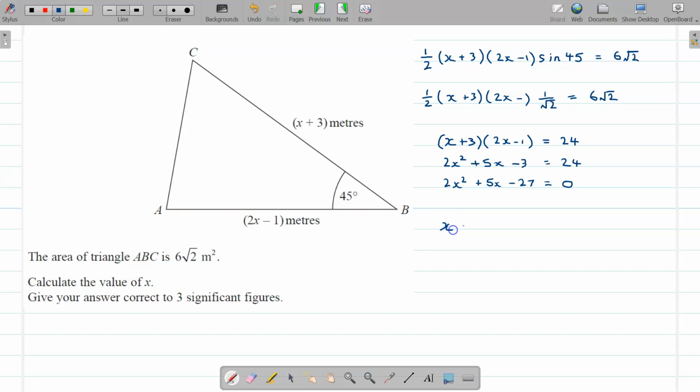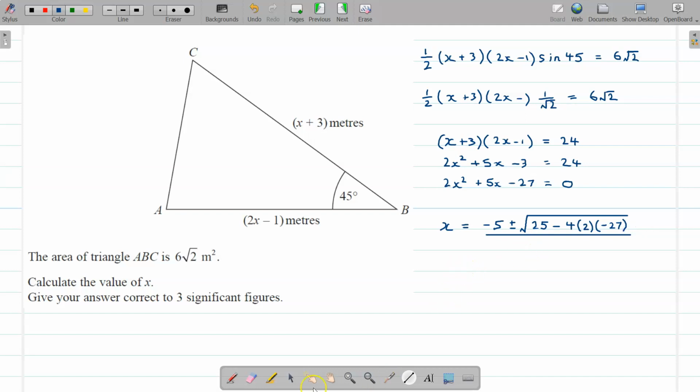So x equals minus b, so it's minus 5, plus or minus the square root of b squared. Now b squared is 25, minus 4 times a, which is 2, times c, which is negative 27, so it's the square root of all of that all over 2 lots of a.